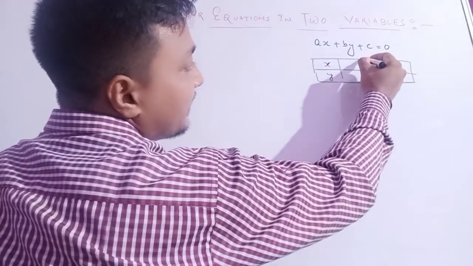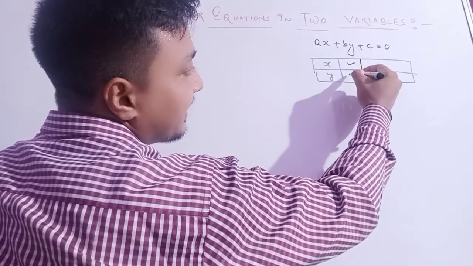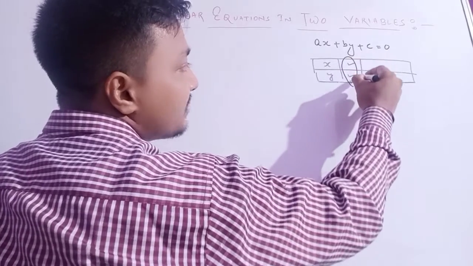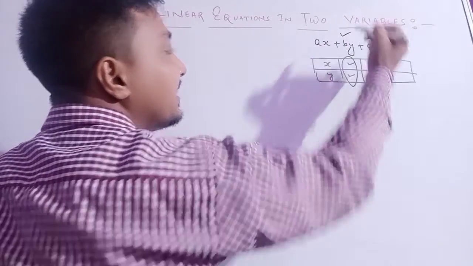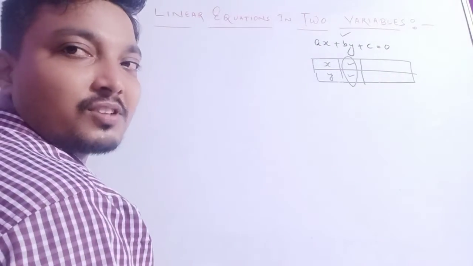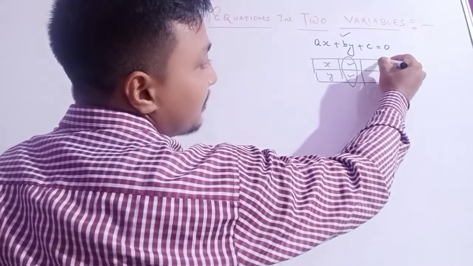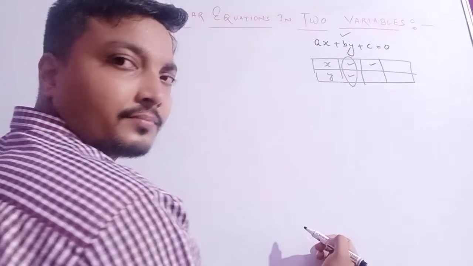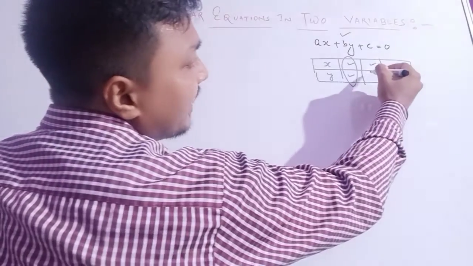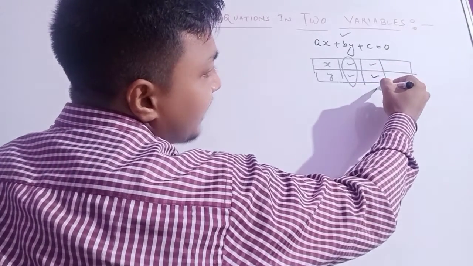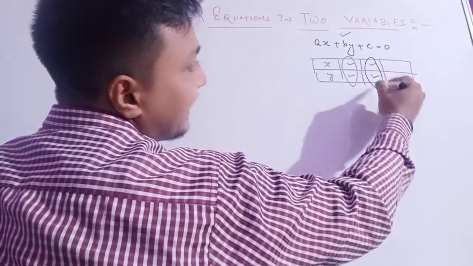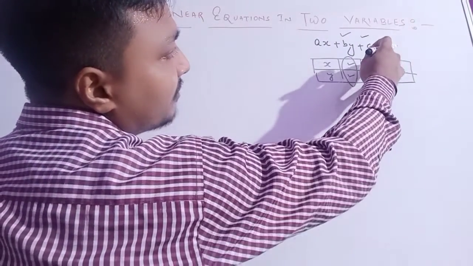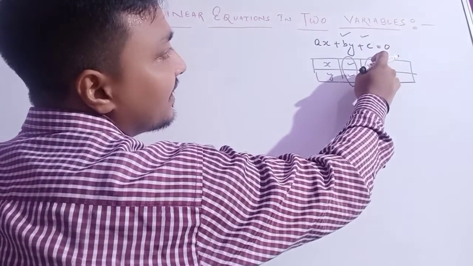On putting the value of x, suppose you get the value of y here, it means this pair is one of the solutions of this linear equation in two variables. Also, suppose you want to put another value of x, you can put it, and accordingly find the value of y, and this pair can be called another solution.